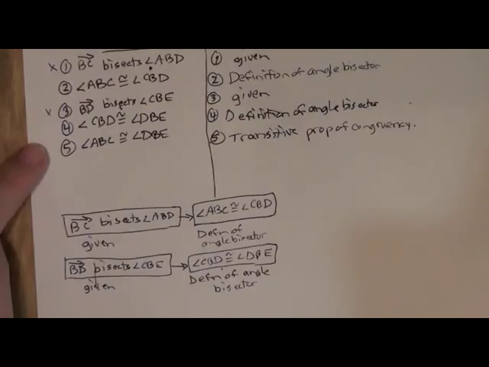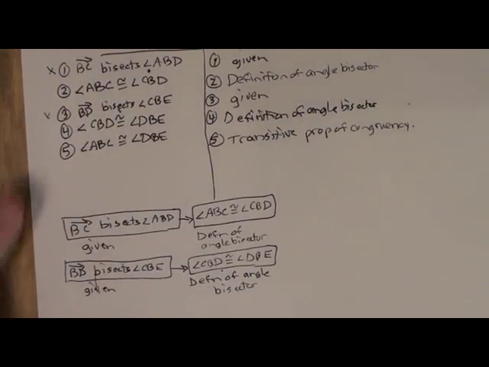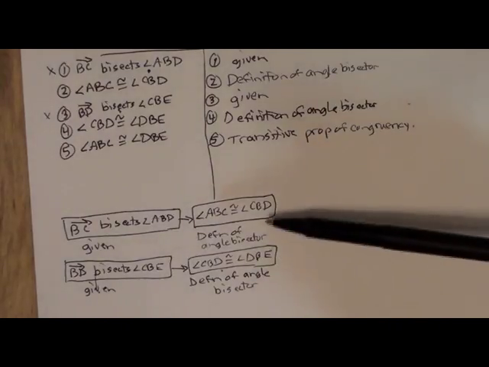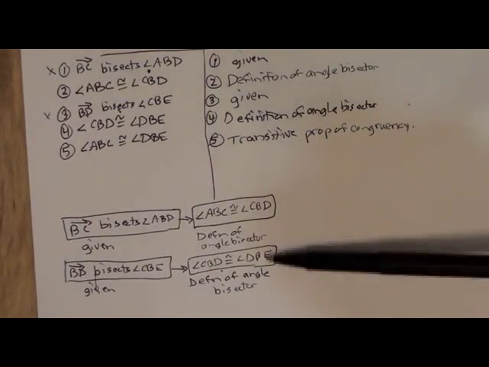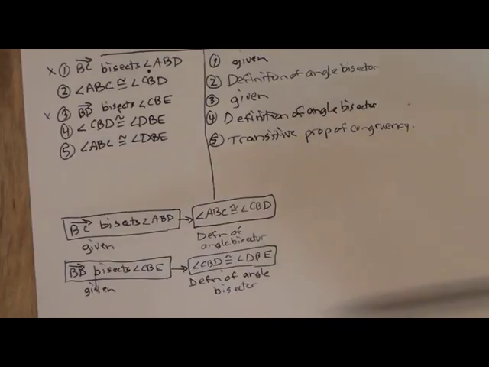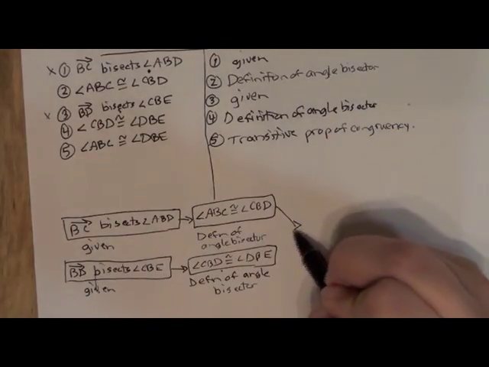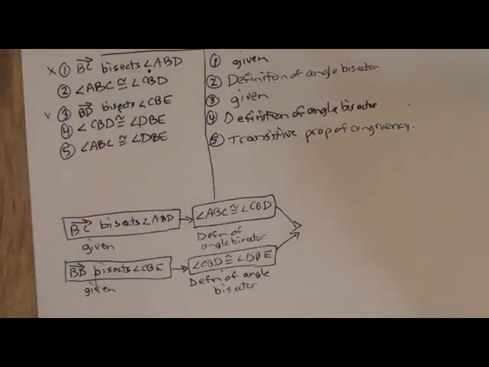Now keep in mind, row 5 from above was able to be concluded from row 2 and row 4. Well, in the 2-column proof, row 2 is up here, row 4 is down here. Row 5 was a result of it.